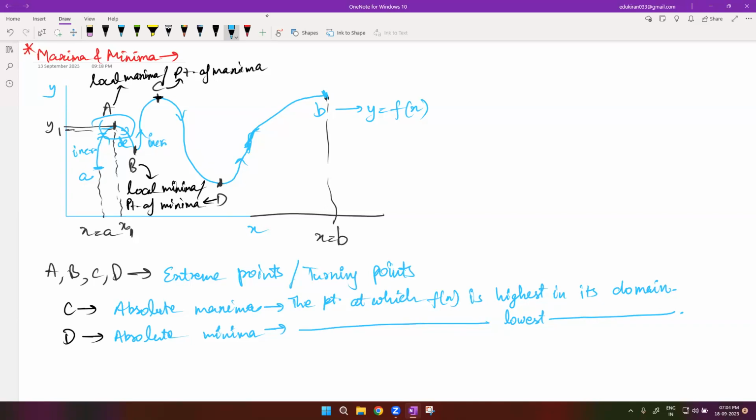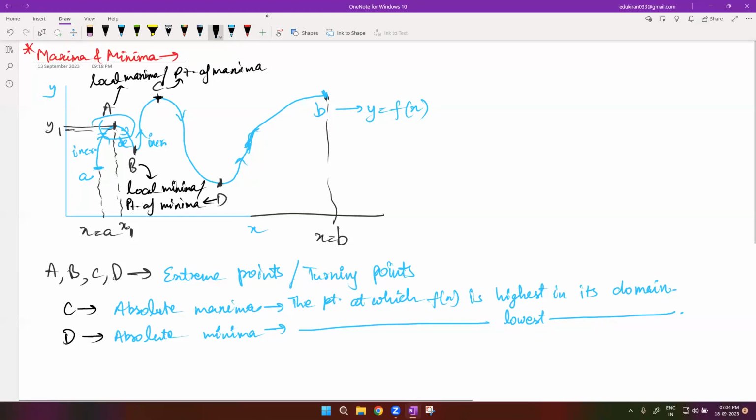C will be that value of x and y where you will get the highest y, right? And D will be the point at which you will get lowest value. There will be no other point than absolute minimum which will have a lesser value than absolute minimum. Right? Okay.